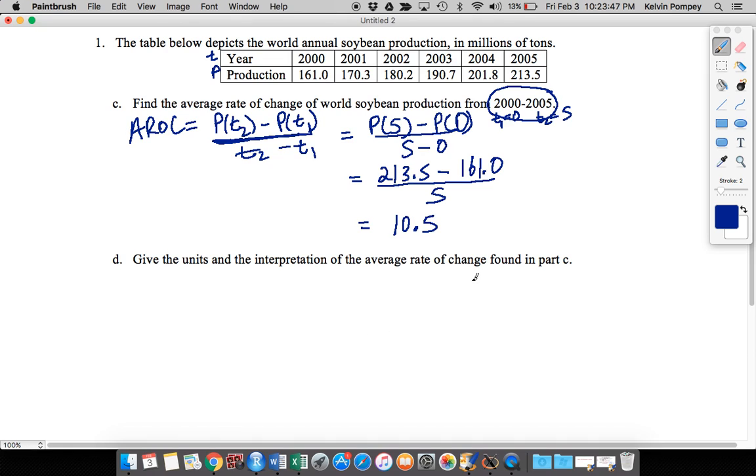The units here, remember, it's your numerator, which is millions of tons, and my denominator here is in years.